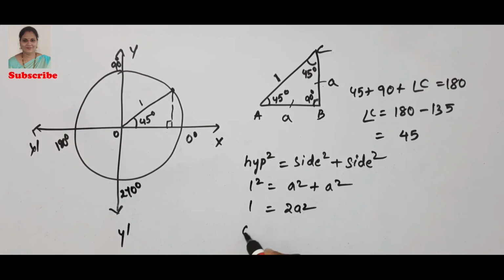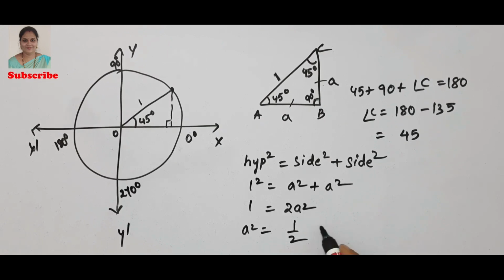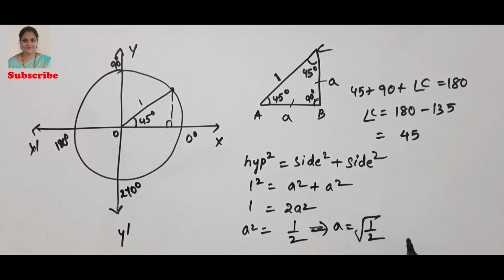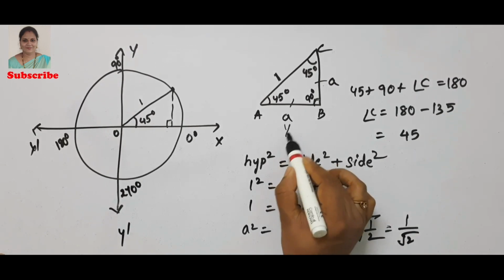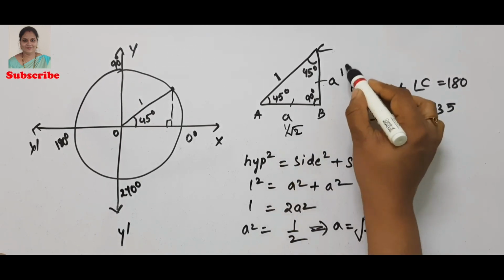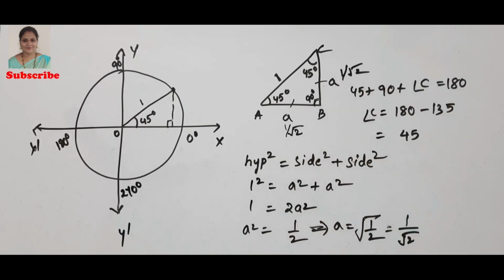Now A square is equal to 1 by 2. So A is equal to square root of 1 by 2, which is equal to 1 by square root of 2. So we got the A value as 1 by root 2, 1 by root 2. We got the lengths of all three sides. Now we can easily calculate the trigonometric ratios.